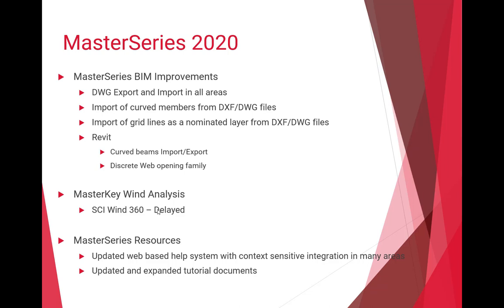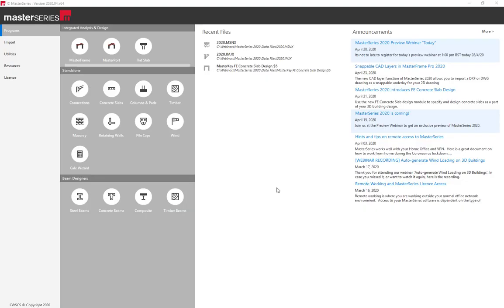It also has some really cool context-sensitive integration, particularly in the MasterFrame. So when you're looking at an area, you can press that F1 key and get the help that you need. Updated tutorials as well have been extensively worked on, and extra tutorials have been added. So we're going to get stuck straight into having a look at some of these things.